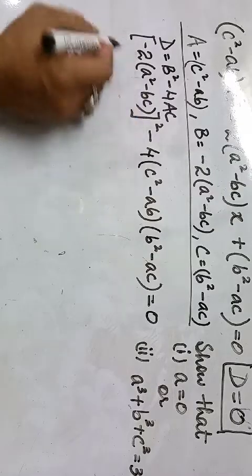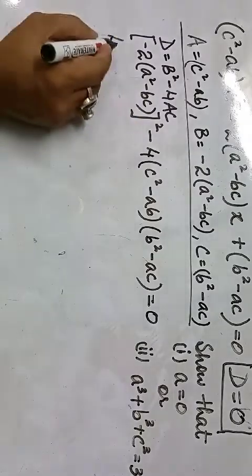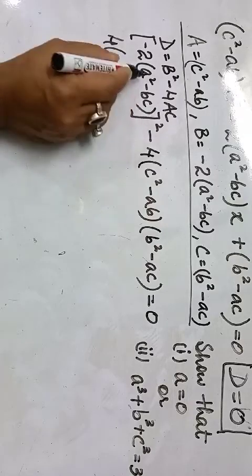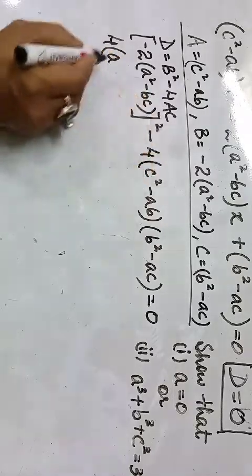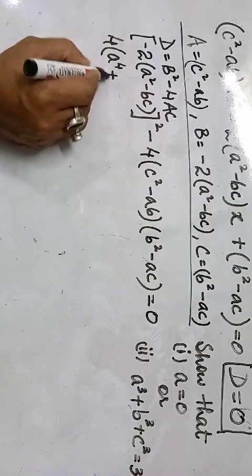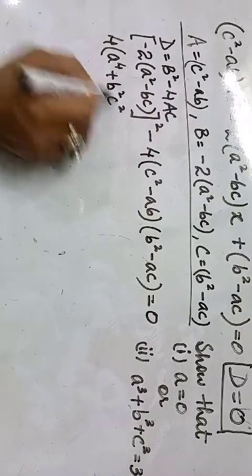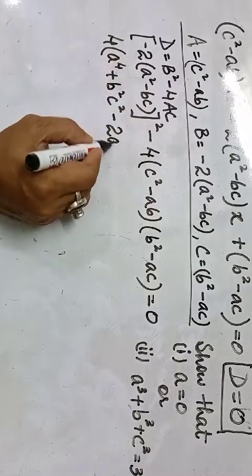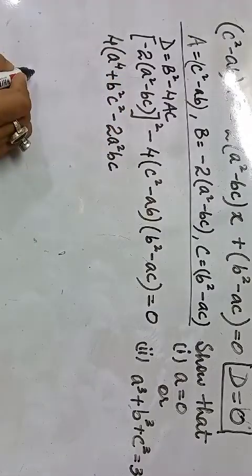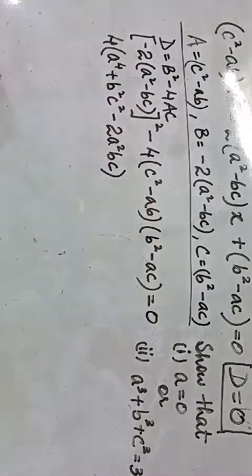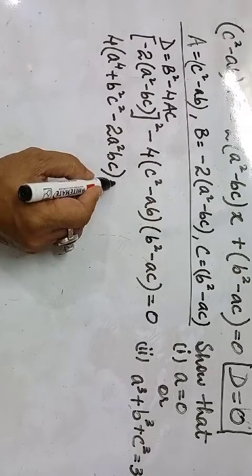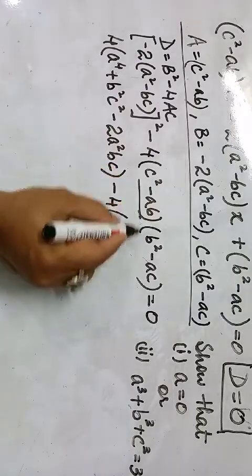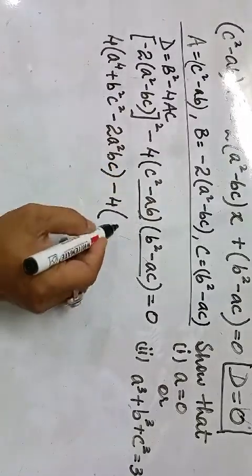So minus 2 whole square will certainly give you 4 with a plus sign, and then you will have, I am expanding this also, (a square minus bc) whole square, so that will be a to the power 4 plus b square c square minus 2 times this into this, so that will be a square bc. Okay, bracket close. Minus 4 times. So first I will solve these two together so that you don't get confused.